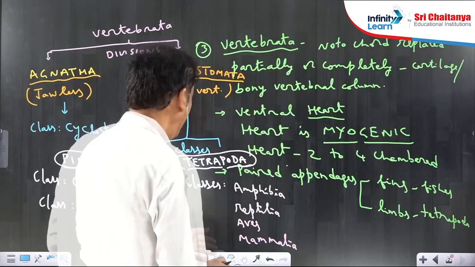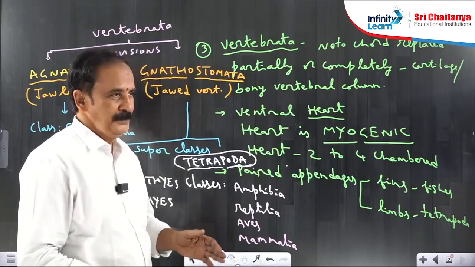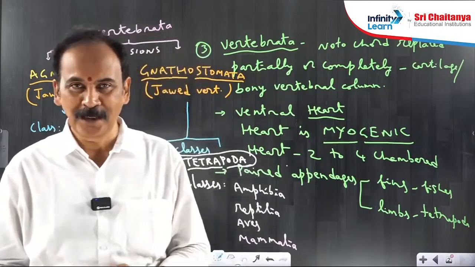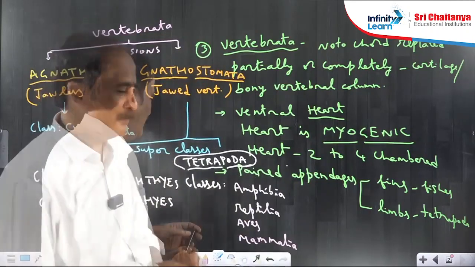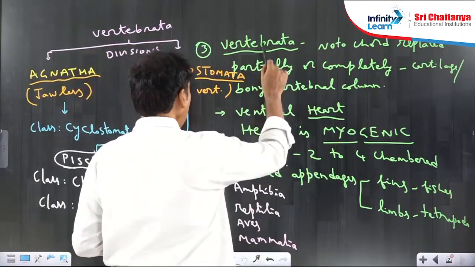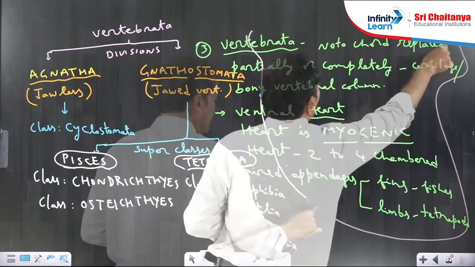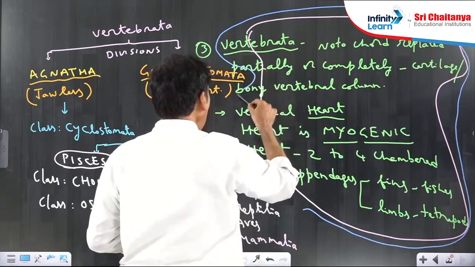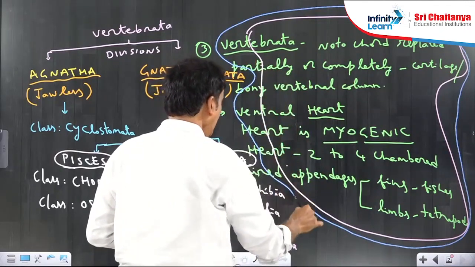We divide the vertebrates into 2 different groups called cold-blooded animals and warm-blooded animals. You may be knowing, isn't it? Now what do you mean by cold-blooded animals and warm-blooded animals? Cold-blooded means blood will be cold. Blood in the animals will remain cool or cold.